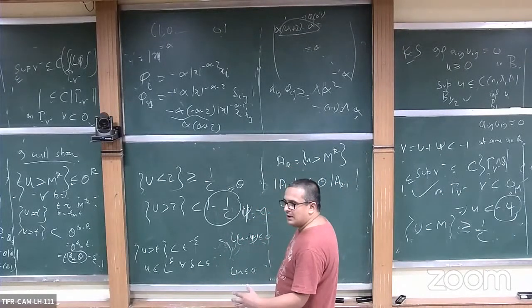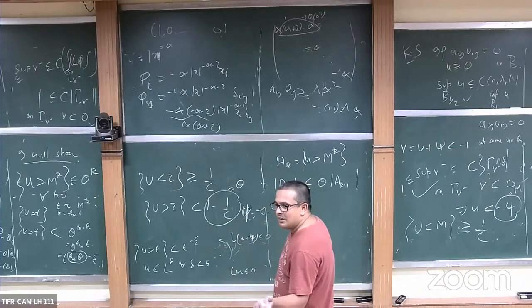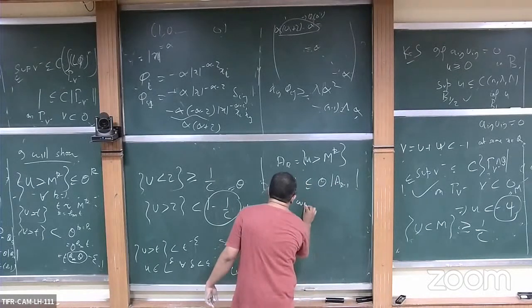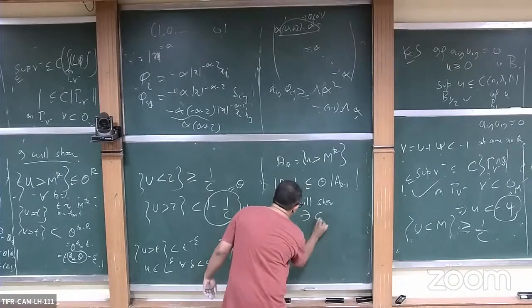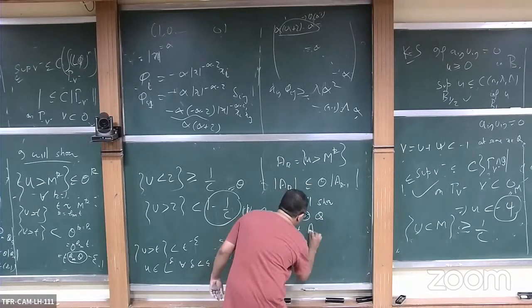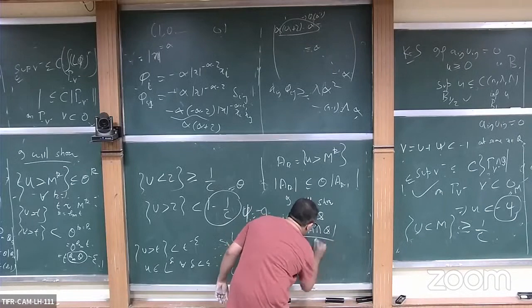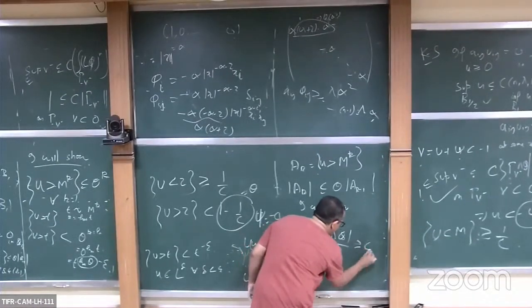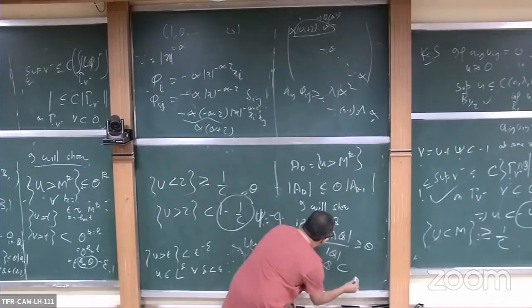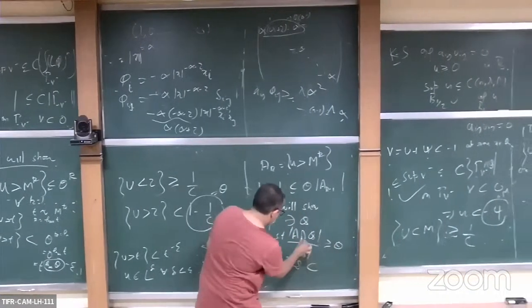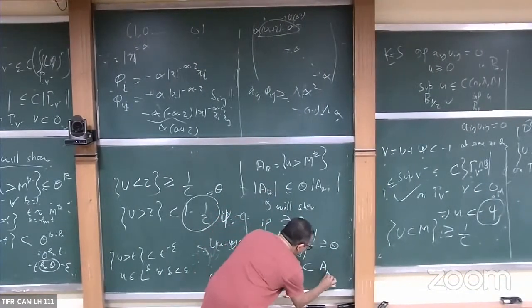And what is the way to show it? I repeat the Calderon-Zygmund lemma. I will show that if there exists a cube Q such that the measure of A intersection Q is bigger than or equal to theta times the measure of Q, then this should imply that 2 times Q is contained in A_{k-1}.